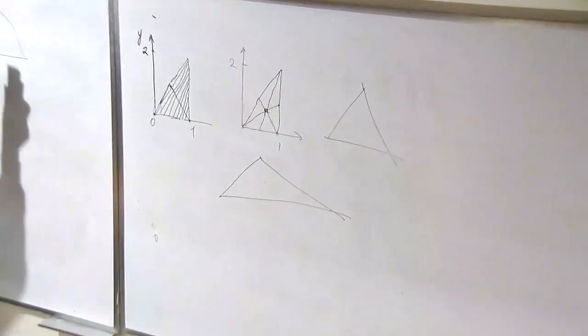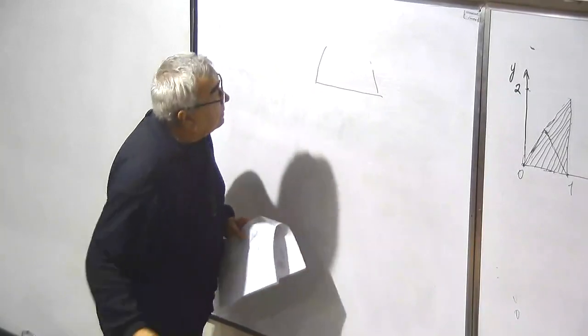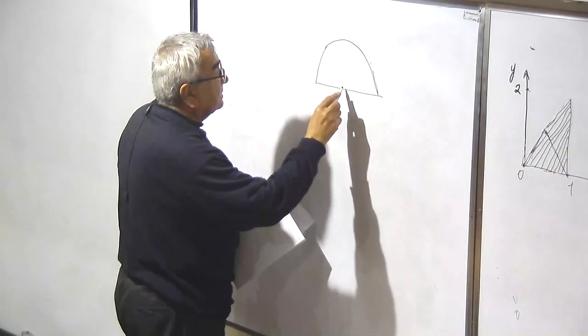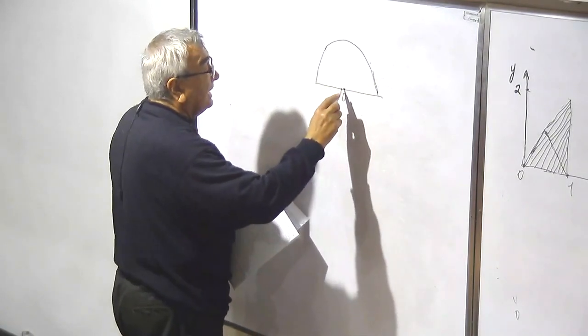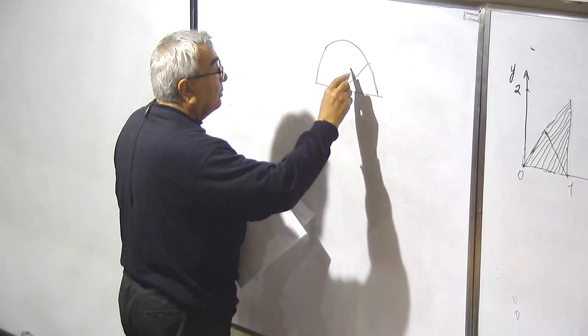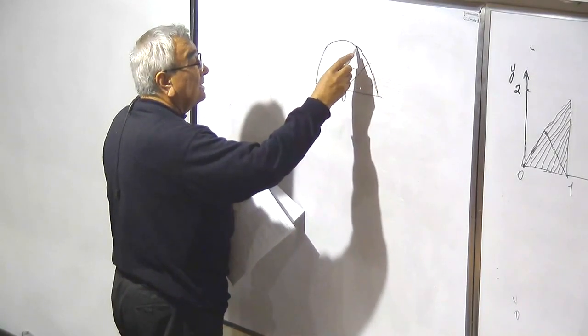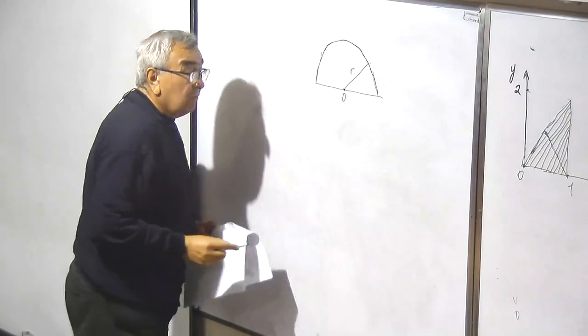This is the center O. The radius r is known. It is necessary to find where the center of mass will be for this wire.